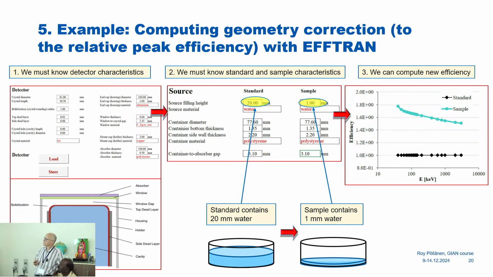And please, if you like, study EFFTRAN. For example, this kind of case: filling height, in our standard case, 2 centimeters. And if the sample contains, for example, 1 millimeter of water, we can see the difference between the efficiencies.